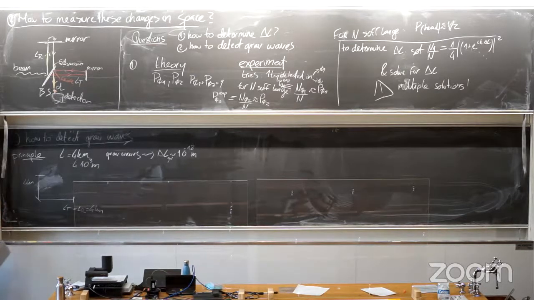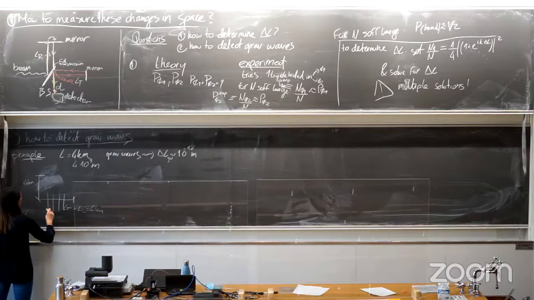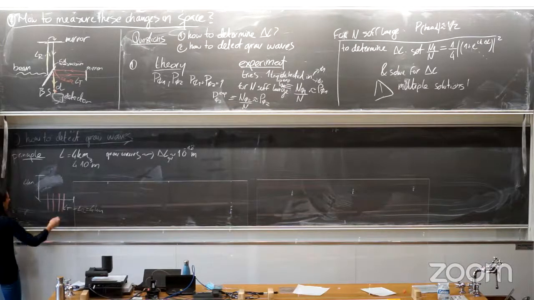The idea is really that they measure and wait for a gravitational wave to happen. When a gravitational wave happens, we know that LT will become LT plus some delta L, and LR stretches.